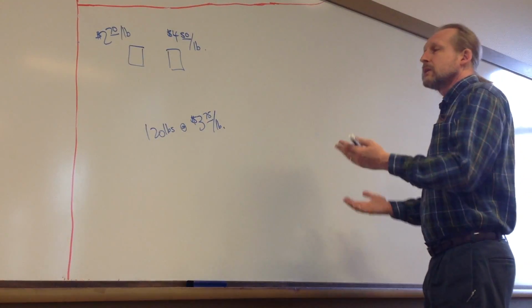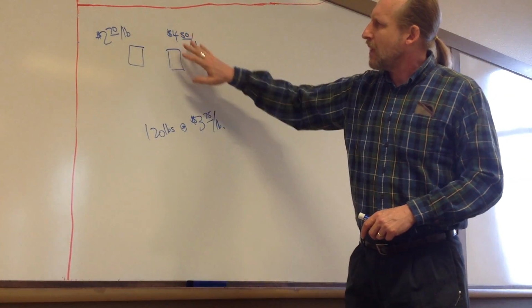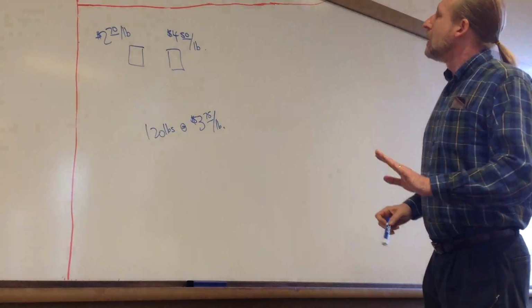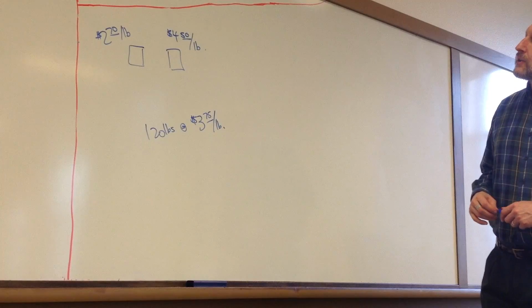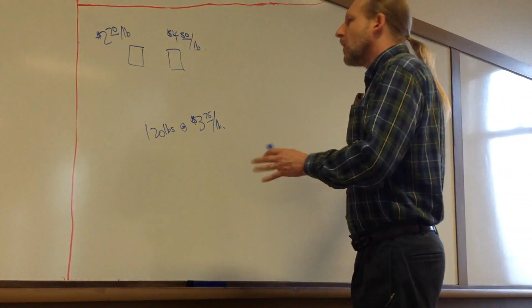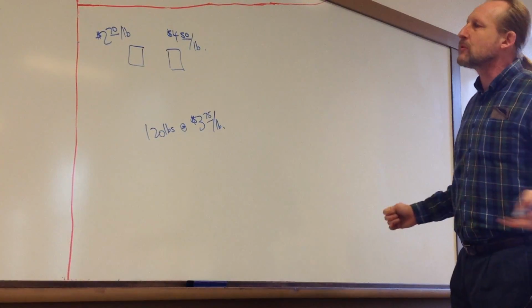So this one is a little bit different. And so this cost says that we're probably going to end up with more of the more expensive cookies. That's just a kind of informal way of thinking about what our answer is going to look like, or if we get the answer, does that answer seem correct?